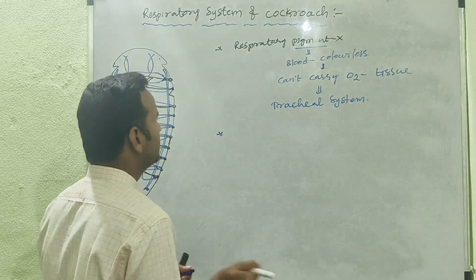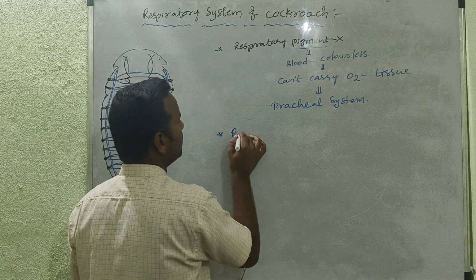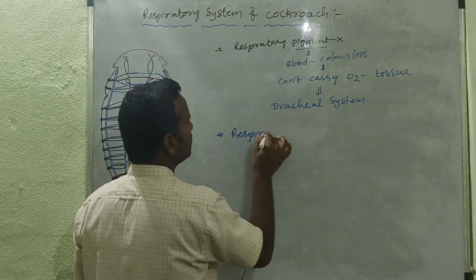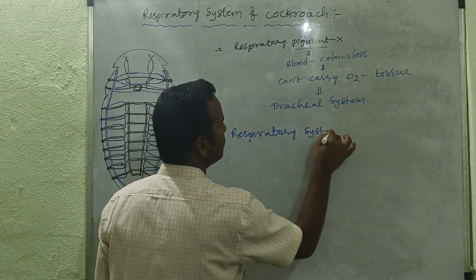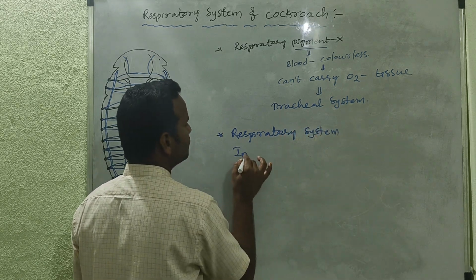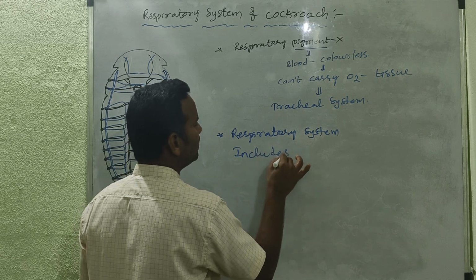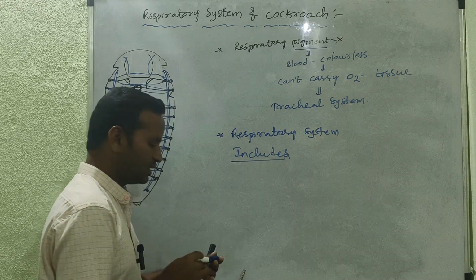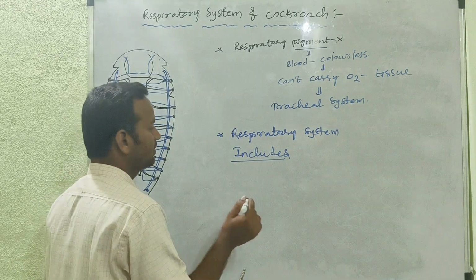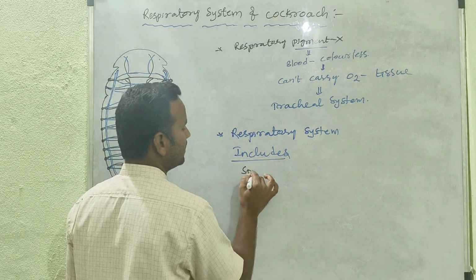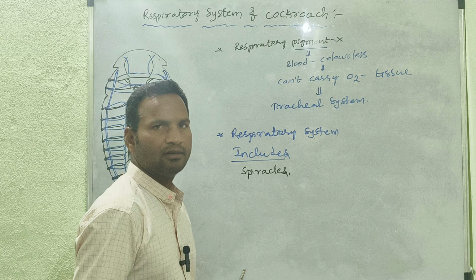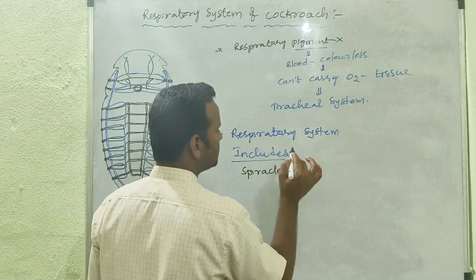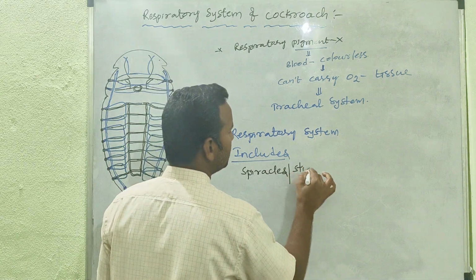The respiratory system of cockroach includes mainly, first, the spiracle, also called stigmata.